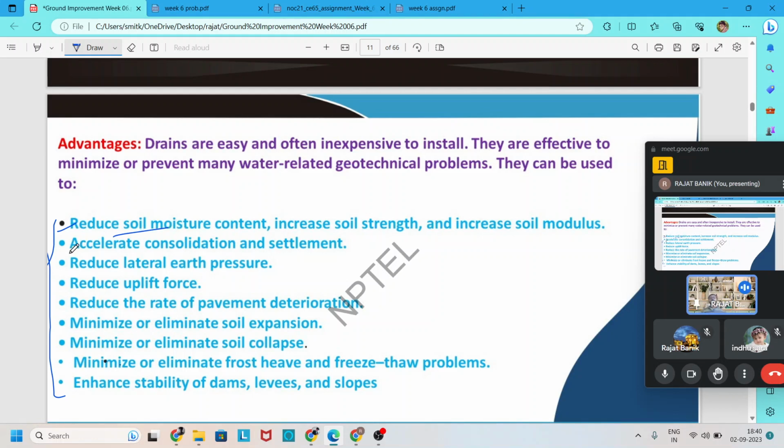We also discussed that due to the vertical drainage, during consolidation, excess water pressure can easily be dissipated through this vertical drain, so it accelerates our consolidation and settlement happens. It also reduces the lateral earth pressure.